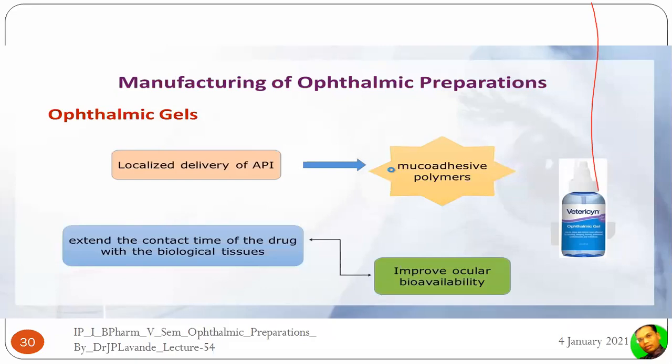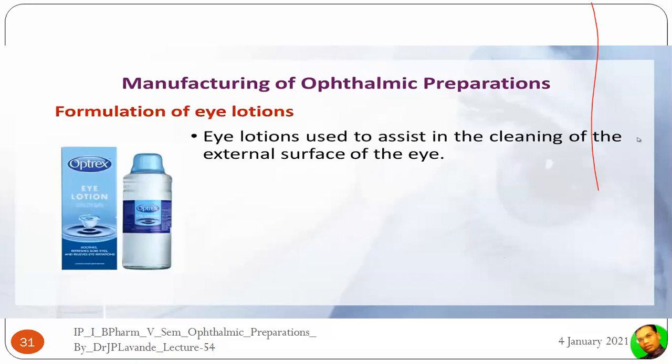So there is increased absorption of the drug, which leads to improved bioavailability. What is bioavailability? Yes, the rate and amount of drug that appears in the systemic circulation is the bioavailability.